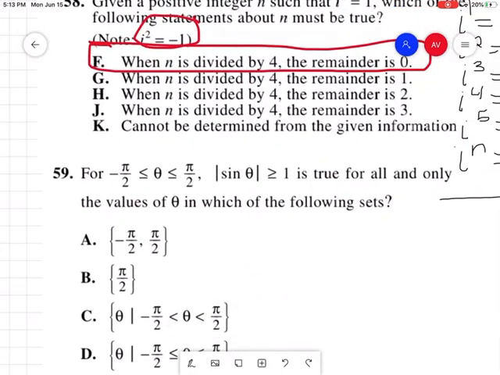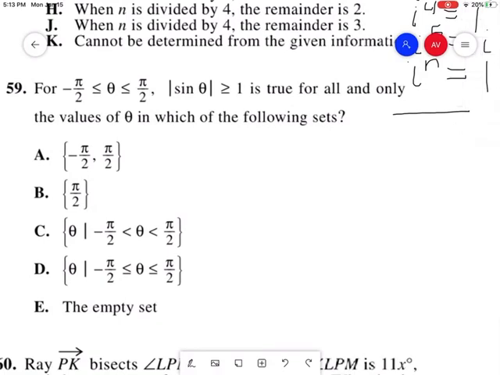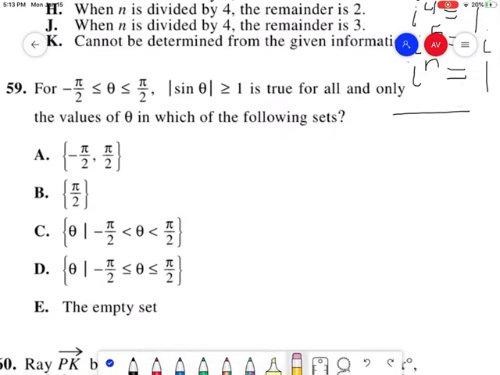Moving on, the next one is about trig here. And it says, for negative pi over 2 to pi over 2, the absolute value of sine theta is greater than 1 is true for all and only the values of theta in which of the following sets?